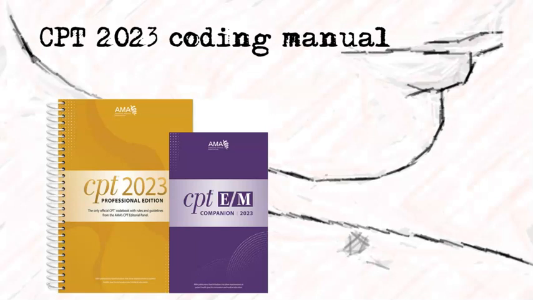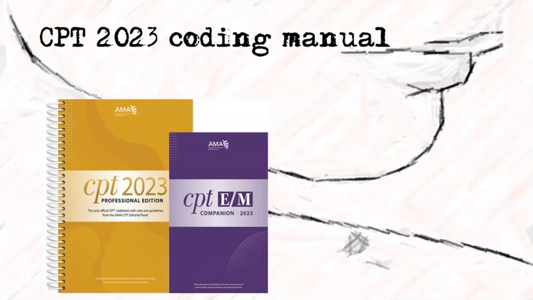The CPT coding manual will be used to assign the procedure code for the removal of skin tags. CPT is an important code set published and maintained by the American Medical Association, and it is, with ICD-10-CM, one of the most important code sets for medical coders to become familiar with.